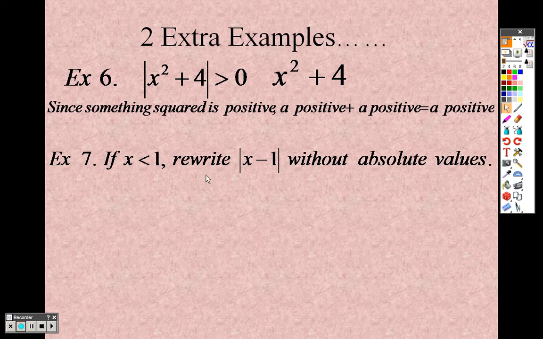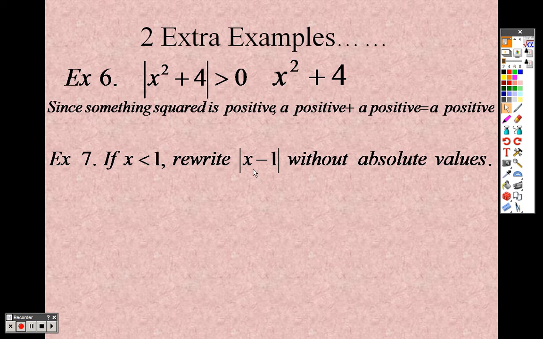In this one, x minus 1, when x is less than 1. So I could plug in a 0, a negative 1, a negative 2. So try it. If I plug in a 0, I get 0 minus 1, which is negative. If I plug in a negative 1, negative 1 minus 1 is negative 2.